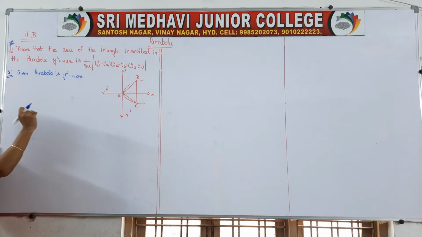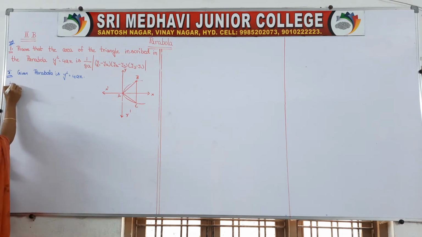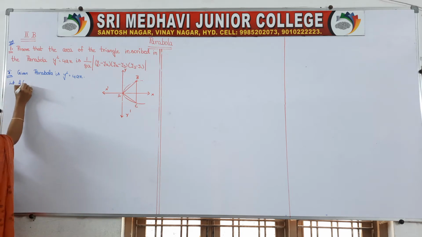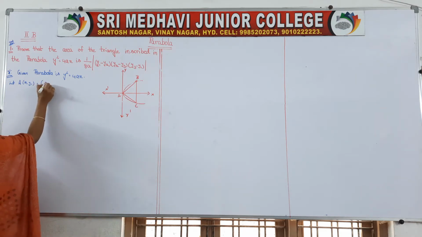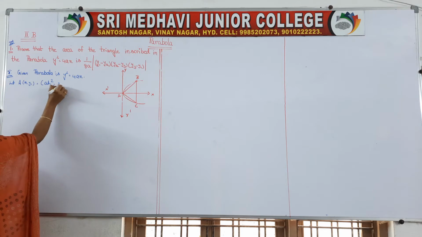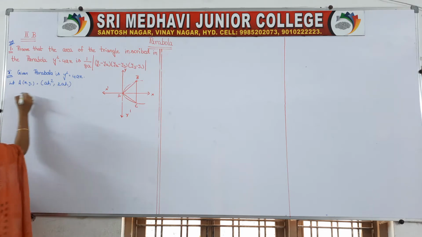First you take the 3 vertices of the triangle, then find the area. So come on, let A be x1 y1. We can take these points in parametric form. You know how to take the parametric points in parabola, right? So it is a t1 square, 2a t1, right?